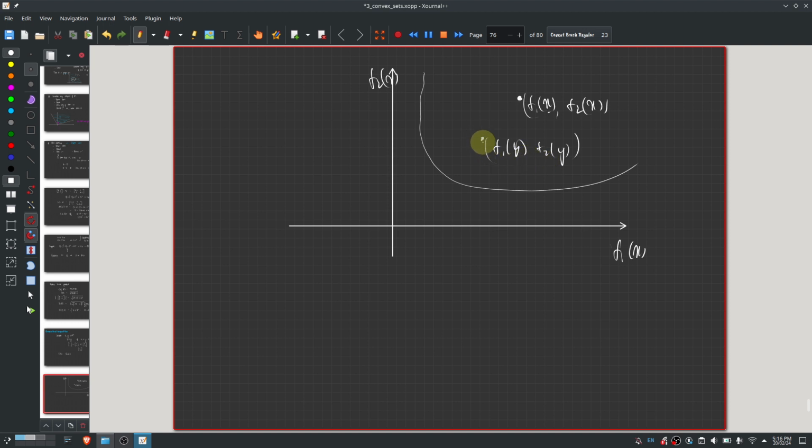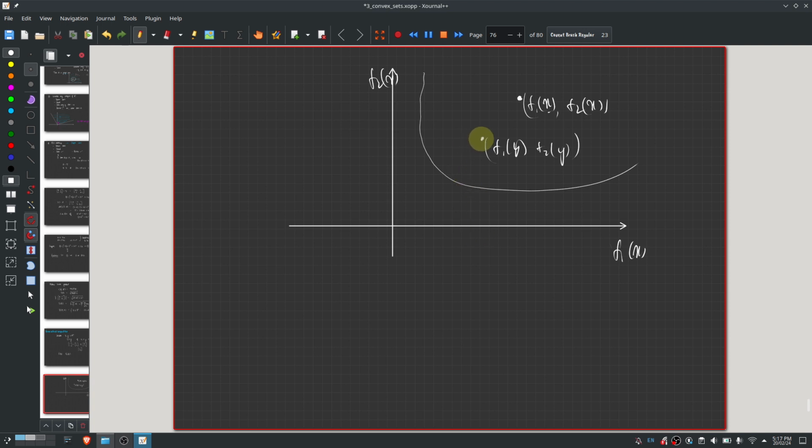Now among these two points, suppose my goal was to ensure that both f1 and f2 are small. Which one would you say is better than the other? Is x better or y better? Y is better, right?